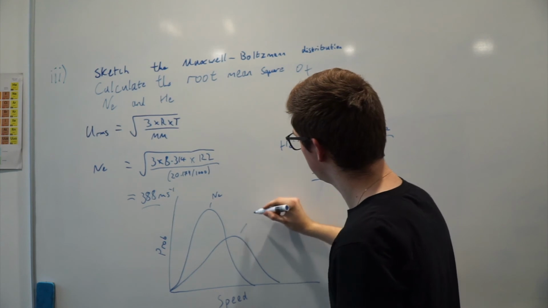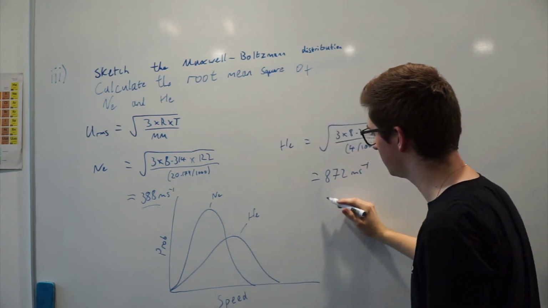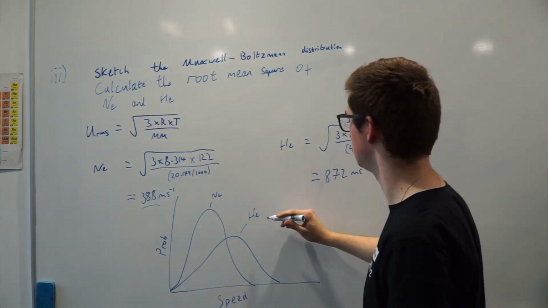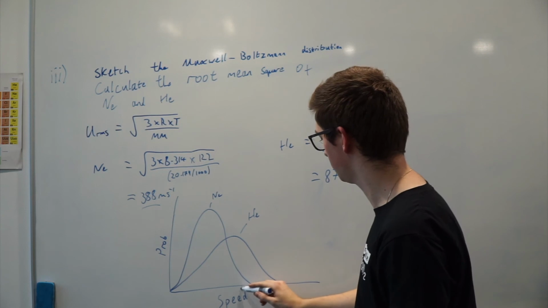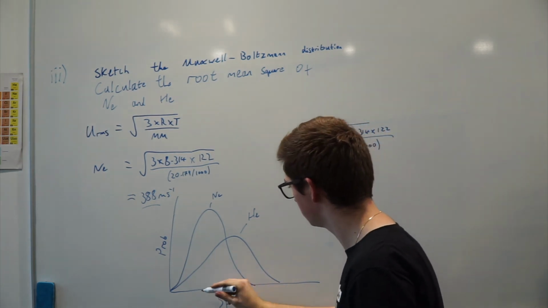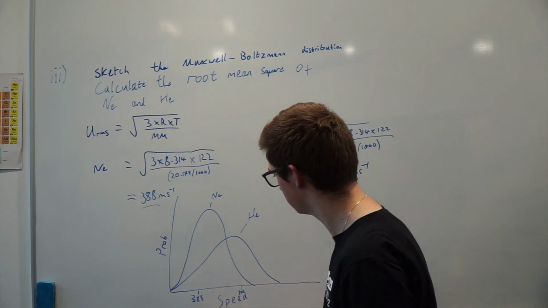However, helium has a higher root mean square, so it will be spread out a bit more between all these molecules. Hence, here it is around 872, about 388.